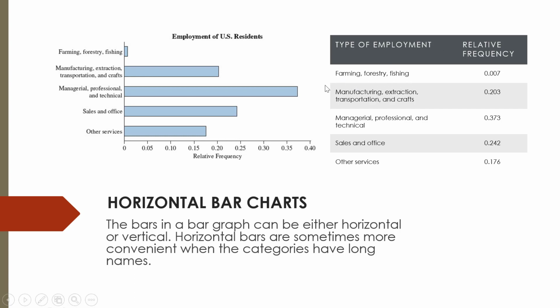So if we use regular vertical bar charts, it would be a mess to list all of these types of employment under the horizontal line. So in this case, we flip the bar charts. So a horizontal bar chart is just for the case when the names of the categories are too long.